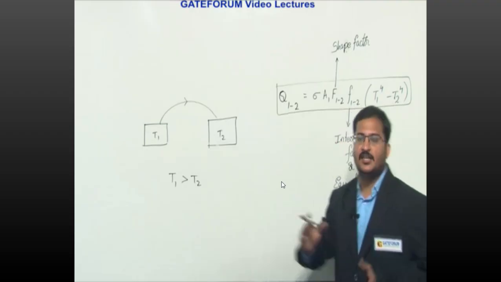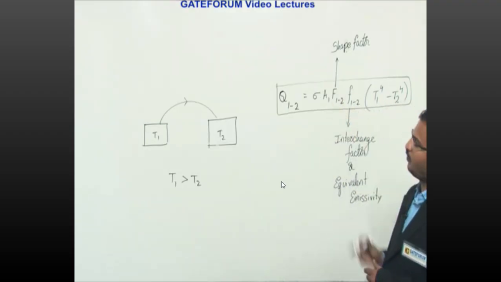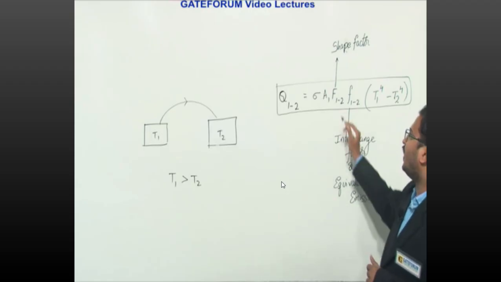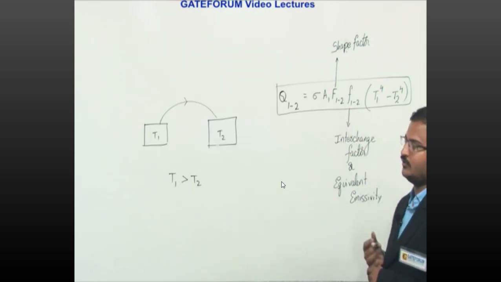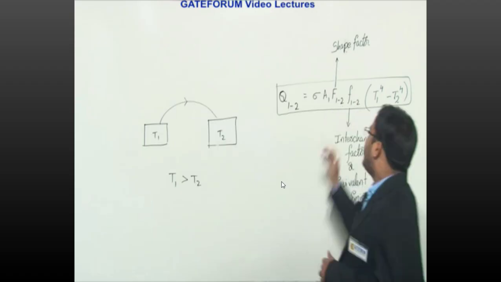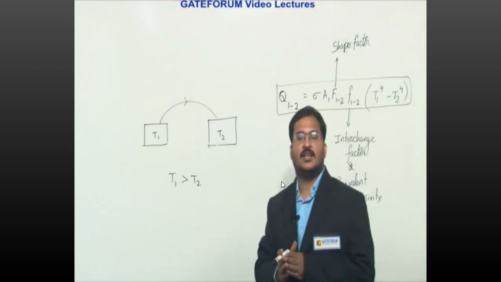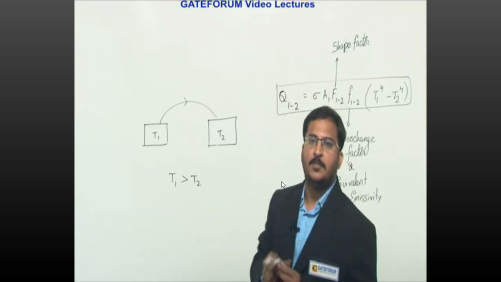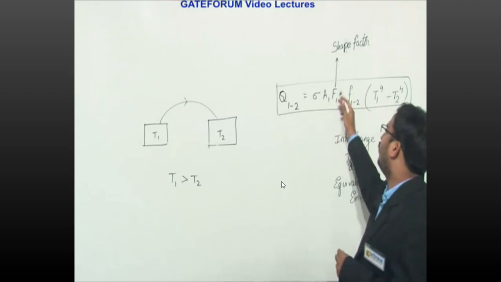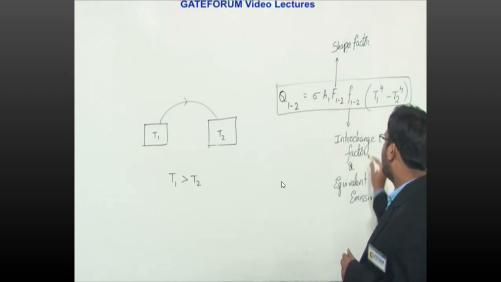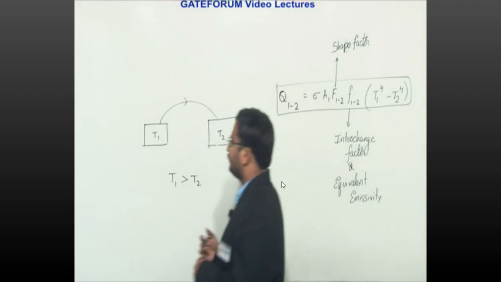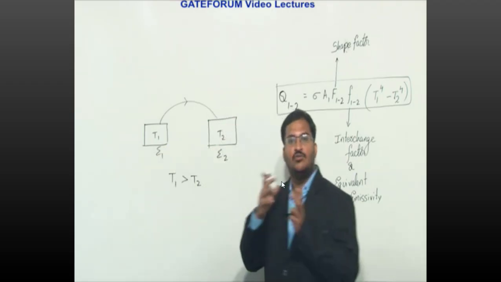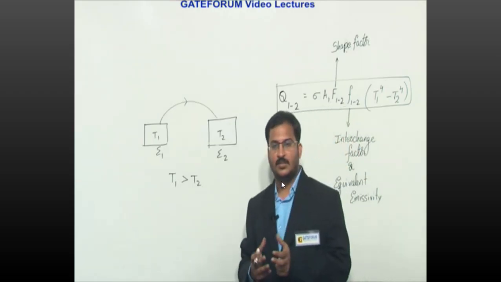In the entire radiation concept, we will use only this formula for radiation heat transfer, but the things that vary are the shape factor and the interchange factor. The shape factor is completely dependent on the geometry of the object, whereas the interchange factor or equivalent emissivity depends on the emissivities of these objects and how the objects are placed.